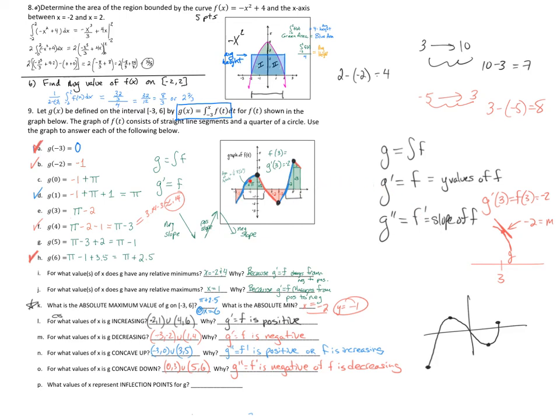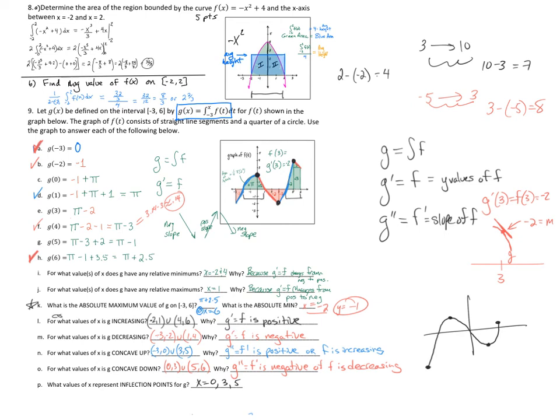Look at the blue, f has a positive slope, then it has a negative slope. Then it has a positive slope, then it has a negative slope. So g double prime, or f prime, changes sign at x equals 0, x equals 3, and x equals 5. So we can just write that here. x equals 0, x equals 3, and x equals 5.